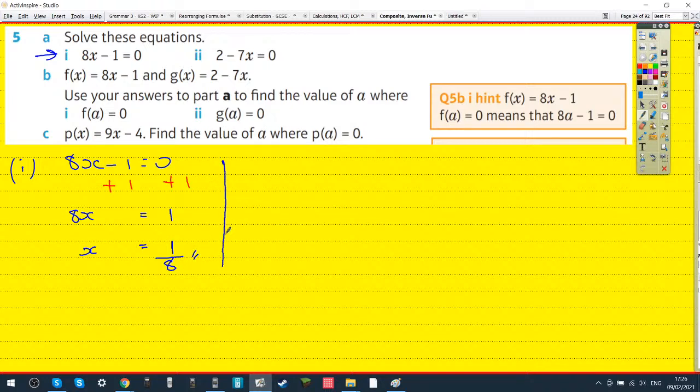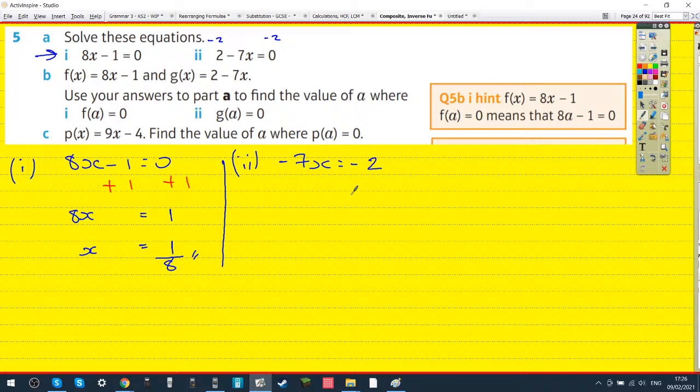Okay, part 2. So first you need to get rid of the 2. So you take away 2. So it would be minus 7x equals minus 2.